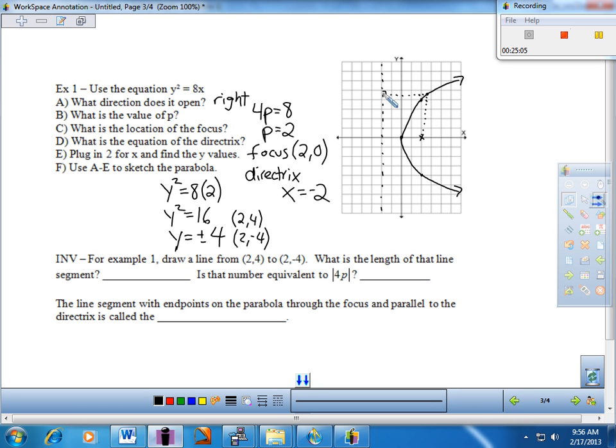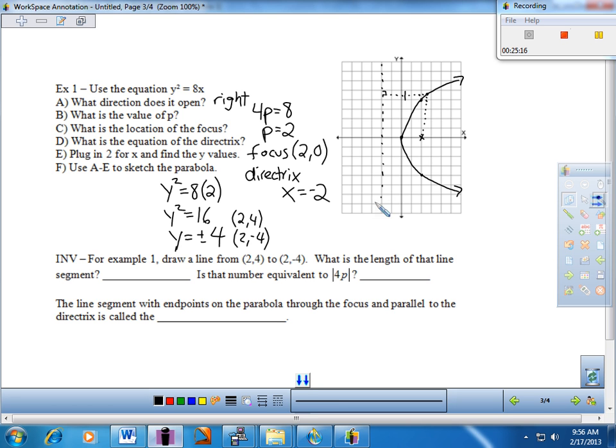And if we drew our parabola perfectly, and I did a pretty decent job there, I'm hoping you did the same, what would we notice about those two lengths of segments? They'd be the same. And can I do that for the infinite number of points on this parabola? Absolutely. So even though the focus and directrix are not on the parabola, it's their position that basically generates the shape of the parabola. Cool.